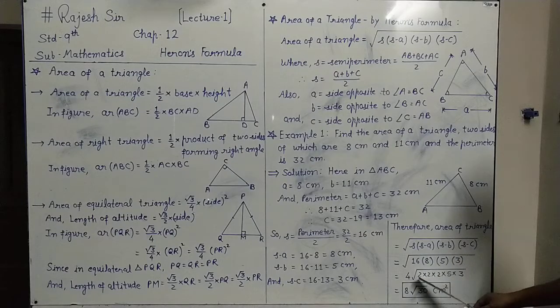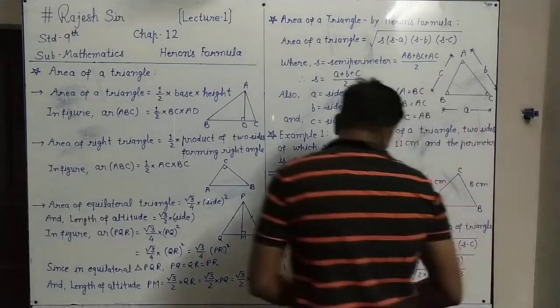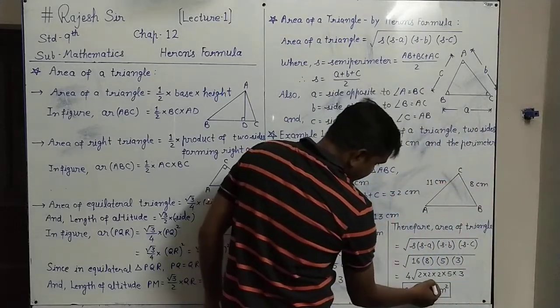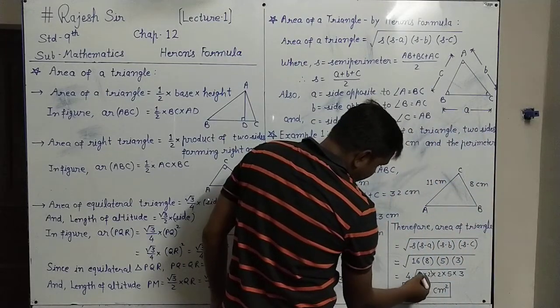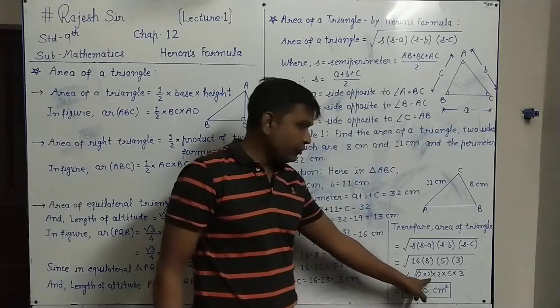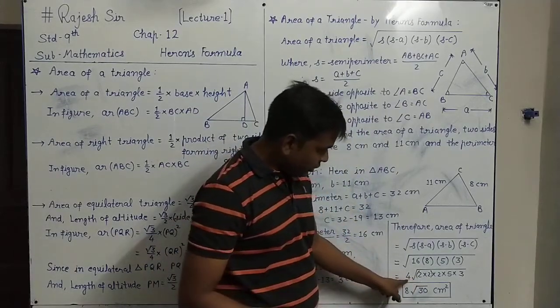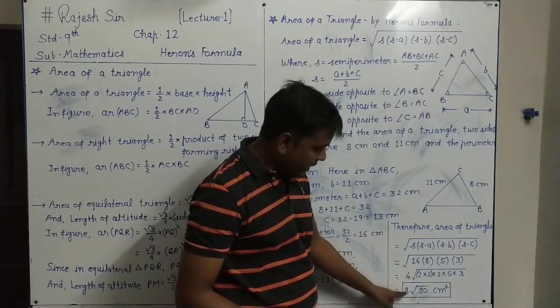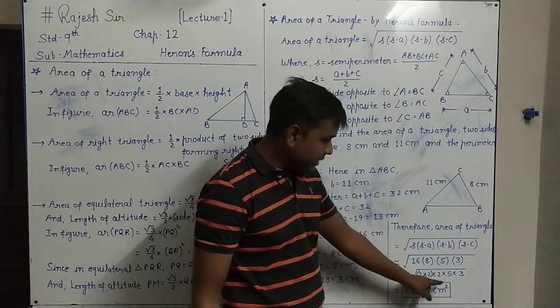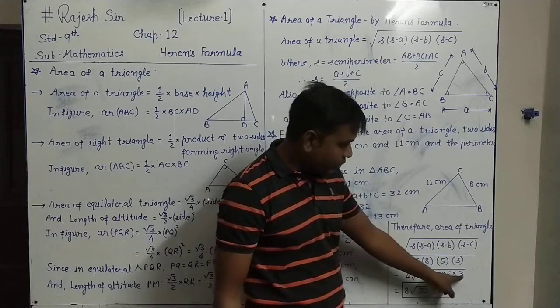We have 2 three times, so for two of them we make the pair: 2 into 2 is 4, and the root of 4 is 2. 2 is taken out, and 4 is already outside, so 2 times 4 is 8 outside. Inside what remains is 2 into 5 into 3.